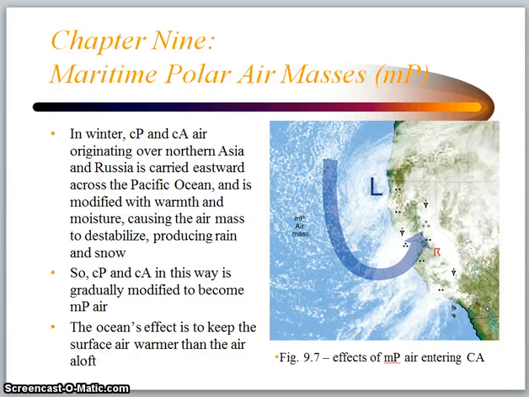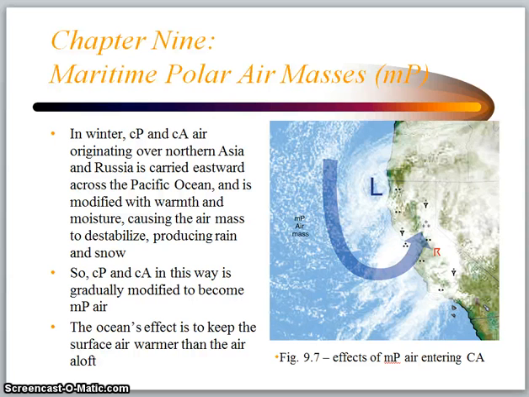In the wintertime, continental polar and continental Arctic air, CP and CA air, have their origins over northern Asia and Russia. Those air masses, which are cold and dry and stable, are carried eastward over toward the North Pacific Ocean, i.e. the Gulf of Alaska.